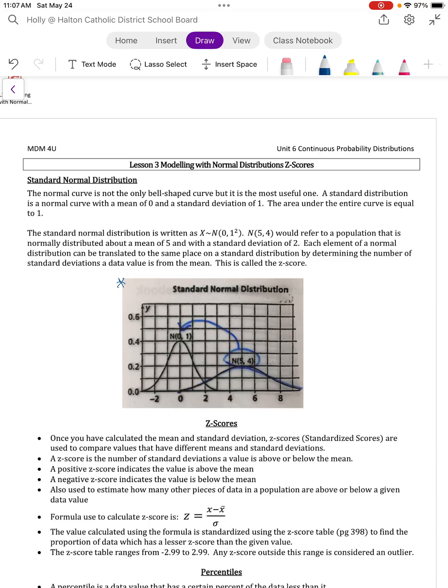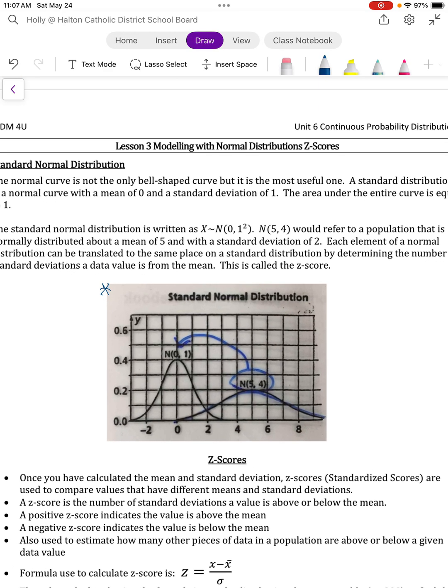The standard normal distribution is written as X ~ N(0, 1²). So remember the 0 is your mean, and this here is your variance, which is standard deviation squared. So you can always find the square root of that to find your standard deviation.